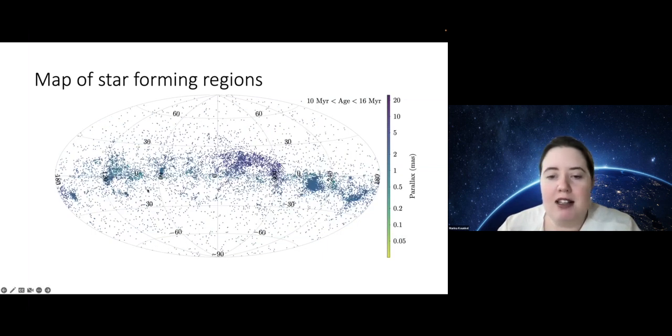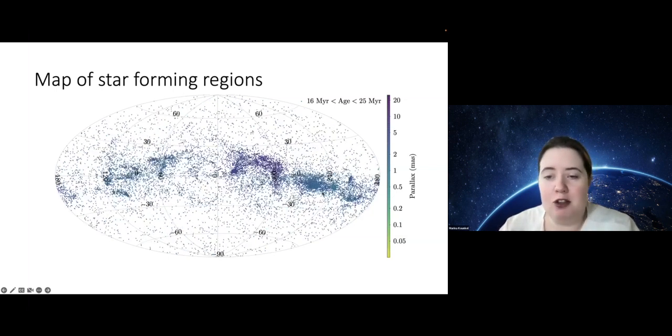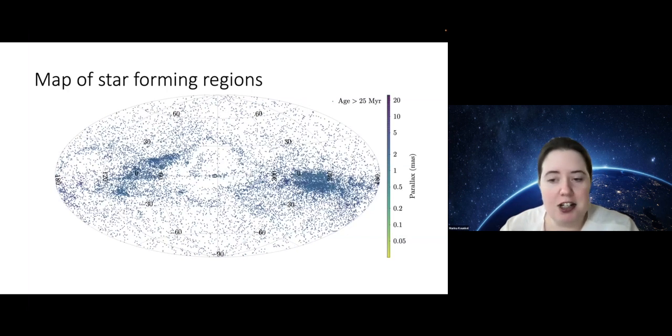10 to 16 million years, starting to get the older parts of Sco-Cen. 16 to 25 million years. And finally, at the ages older than 25 million years, we are reaching terra incognita, because these stars are too old to have been on the radar of the star formation community.